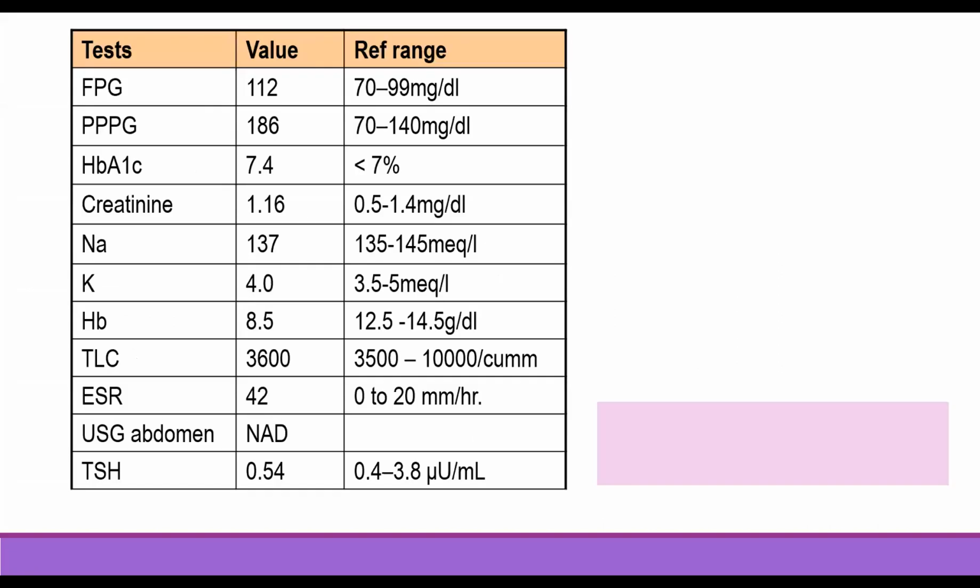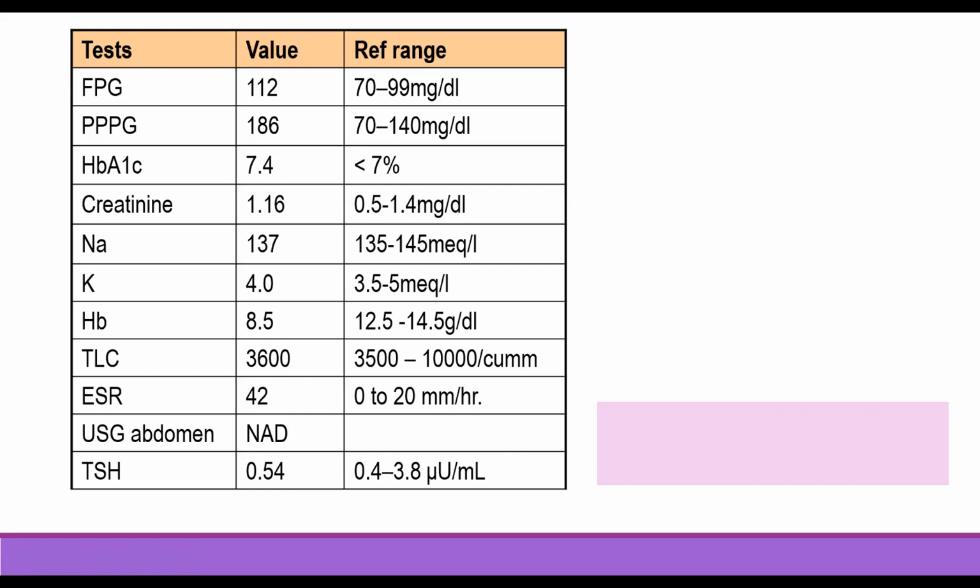So I looked into the other lab parameters the patient had, and you can see that after giving the oral anti-diabetic drug, the blood sugar came down with A1c 7.4, and everything was more or less okay, except the hemoglobin level was 8.5. That also is not the explanation for this amount of weakness.